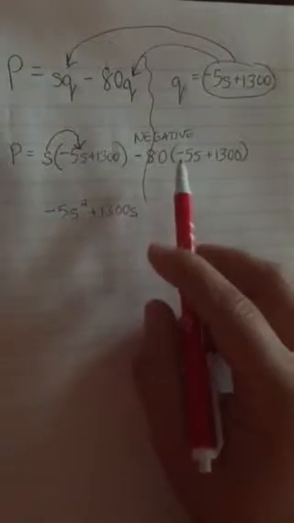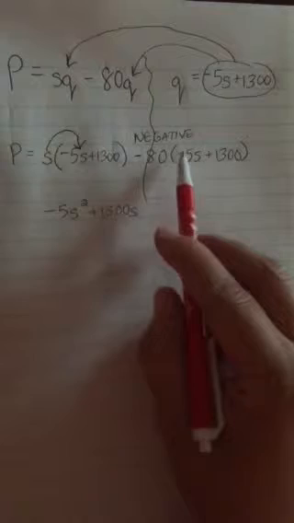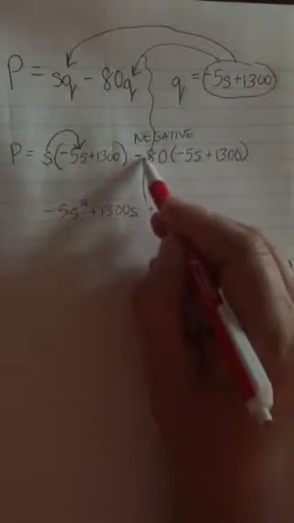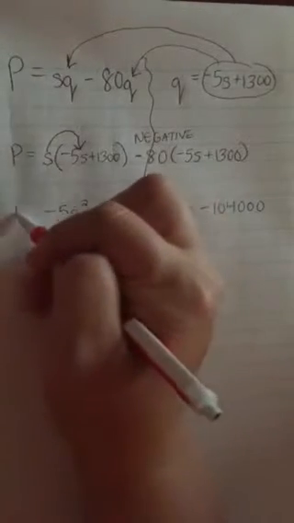So when we're multiplying it, we want to take negative 80 times negative 5s. So a negative times a negative is positive 400s. And then again, we're going to take negative 80 times positive 1300. That's going to be negative, and that will be 104,000. And I forgot to bring down the P equals at the beginning there.